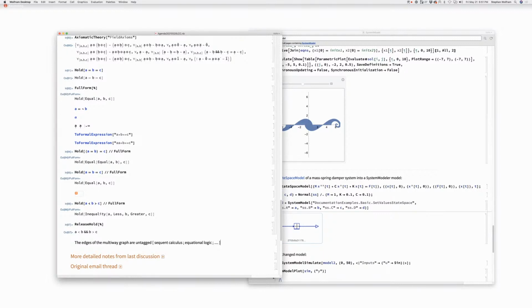There are a zillion different uses of circle times. It's been recruited for things in group theory and for things in tensor algebra. They're somewhat related, but not quite the same. Circle plus could be recruited for many purposes. That's what I thought was going to happen with our non-meaningful operators.